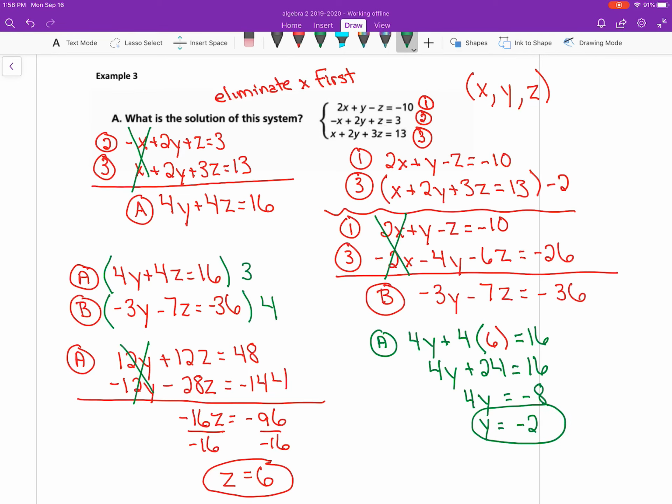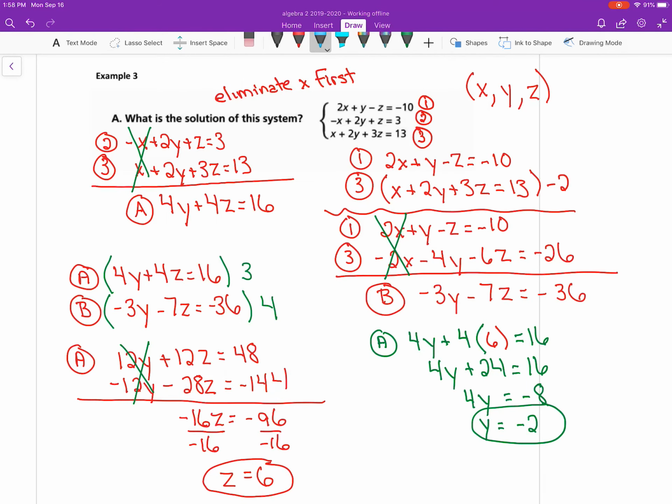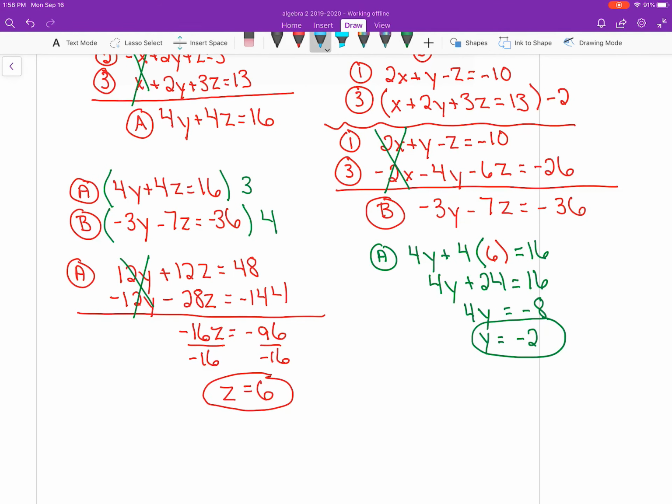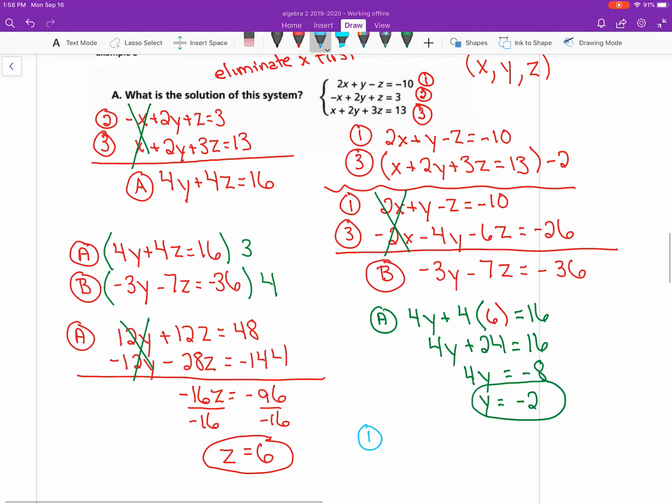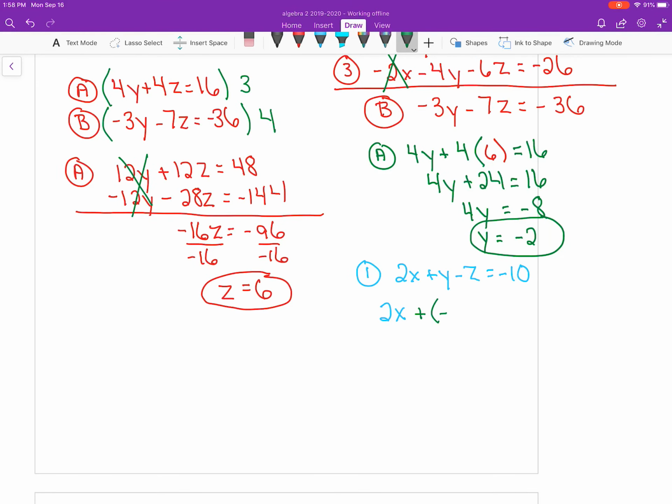Now I have another variable. So now I'm going to go back to equation 1, 2, or 3. I'll just take 1 because it's the first one. I've got 2x plus y minus z equals negative 10. And I'm going to plug in negative 2 and 6. So I've got 2x plus negative 2 minus 6 equals negative 10.